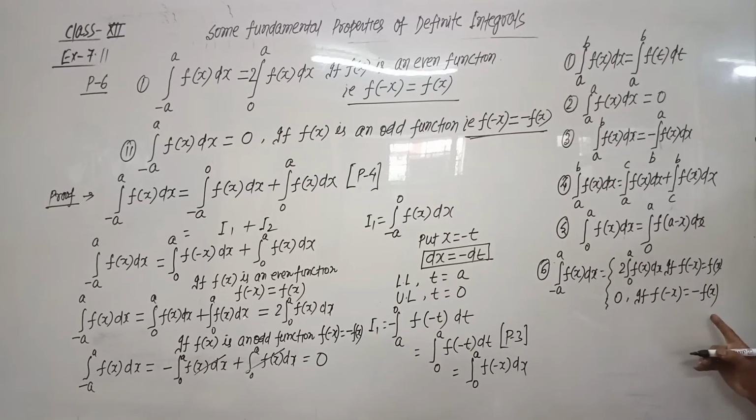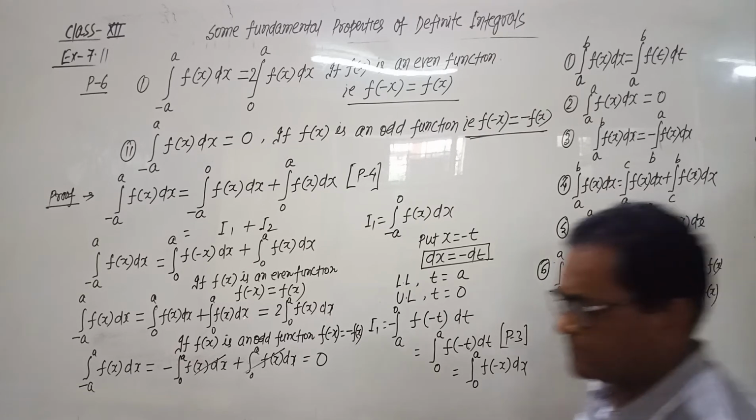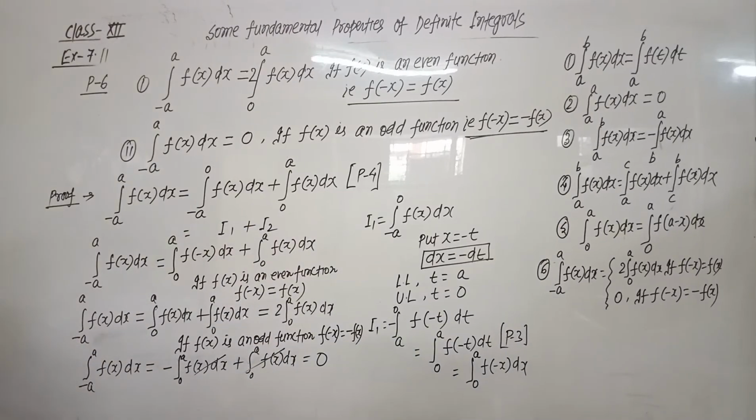F of minus x equals minus f(x) means odd function, and f of minus x equals plus f(x) means even function. This was property number 6.